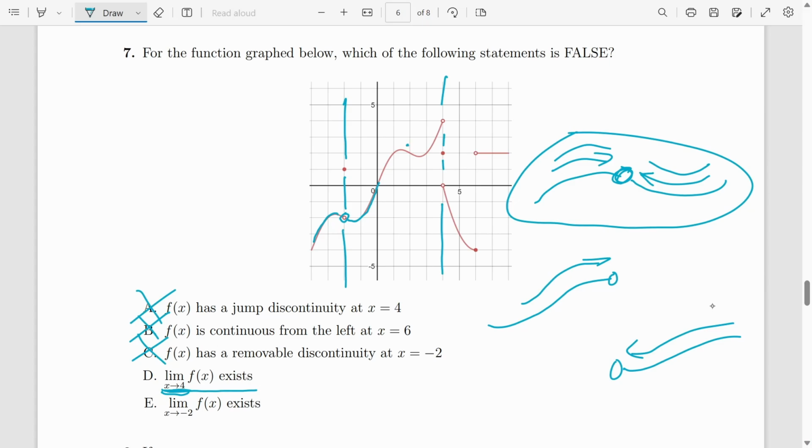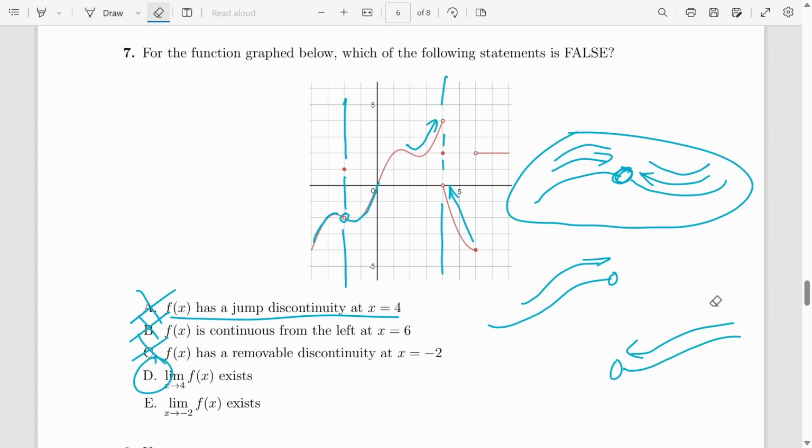And if the left-sided limit and the right-sided limit both approach different values, then the regular limit doesn't exist. It's undefined. So it looks like that one is false because we already saw that there is a jump discontinuity here from part A. So looks like D would be our answer here.